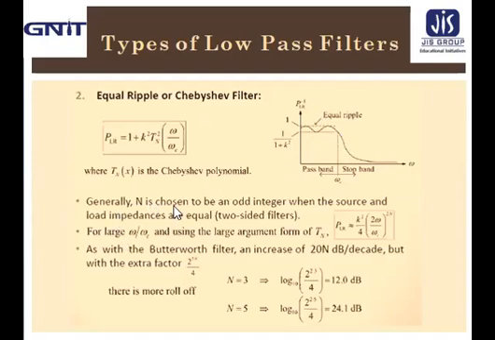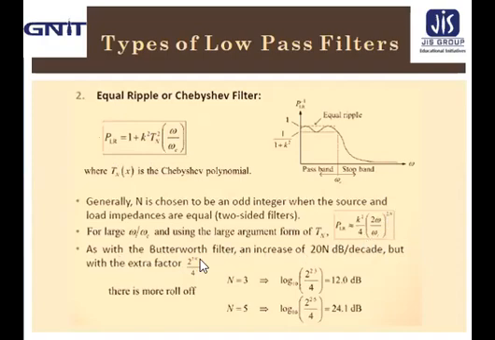Generally, n is chosen to be an odd integer when the source and the load impedance are equal, that is a two-sided filter. For large omega by omega c, using the large argument form of Tn, PLR is equal to 1 plus k squared by 4 into 2 omega by omega c whole to the power 2n.